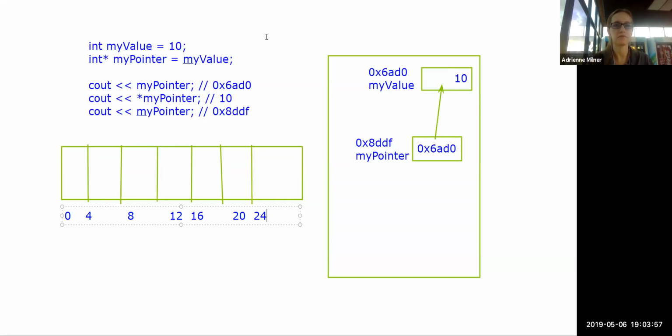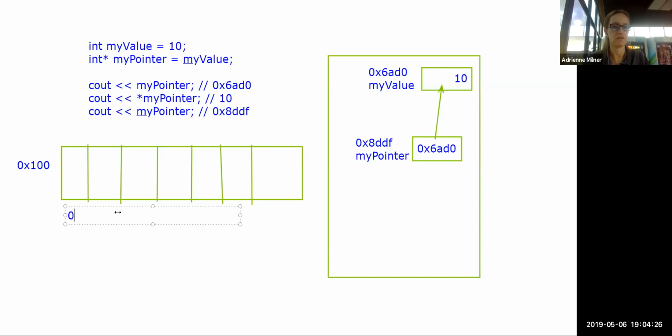We can make up our own offset here. Let's say we're sitting at 100. Then this location in memory will be sitting at 100 plus 0.